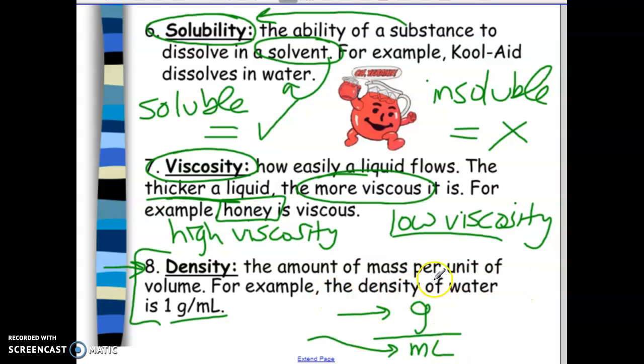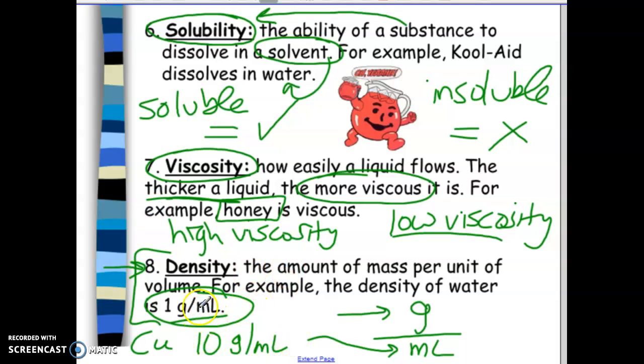So just as an example, the density of water is 1 gram per milliliter. Now, just as a comparison, let me look at copper's density, just to give you something to compare it to in grams per milliliter. So copper, this is a nice one to compare. Copper's density is 10 grams per milliliter.